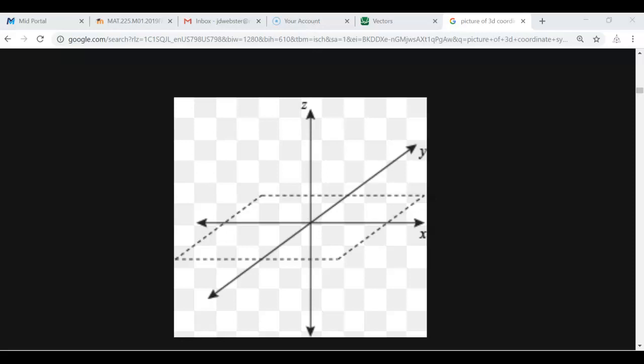Now, if we had a vector from the origin in some direction, let's say we did something like that.